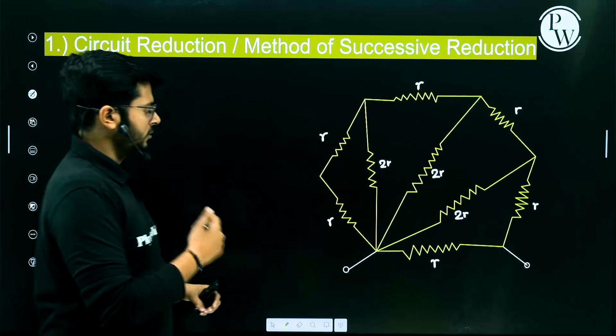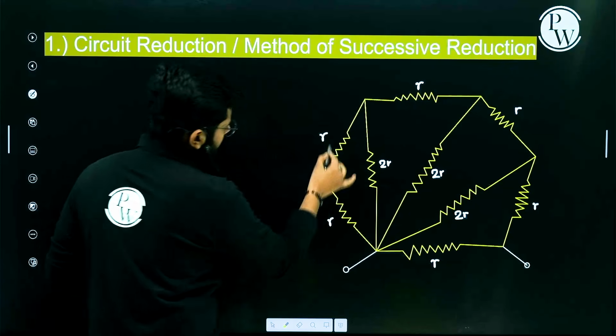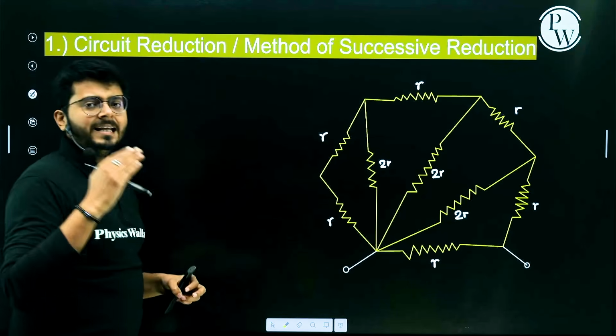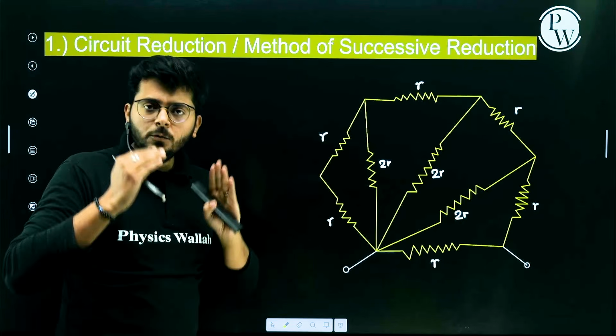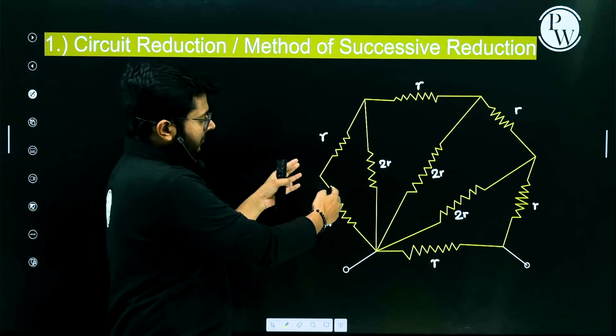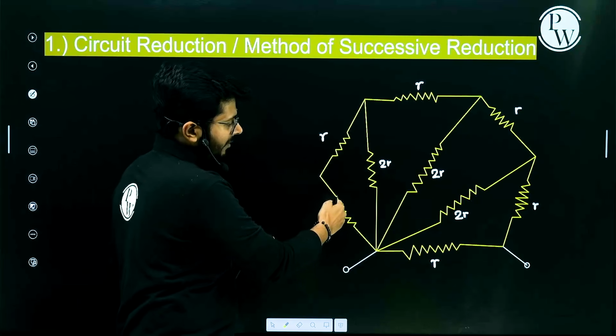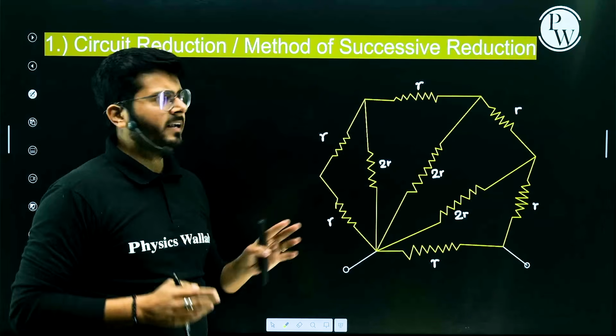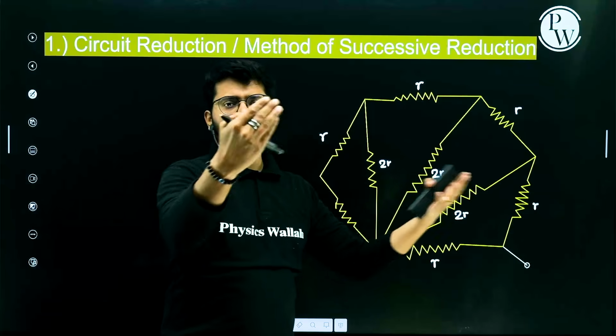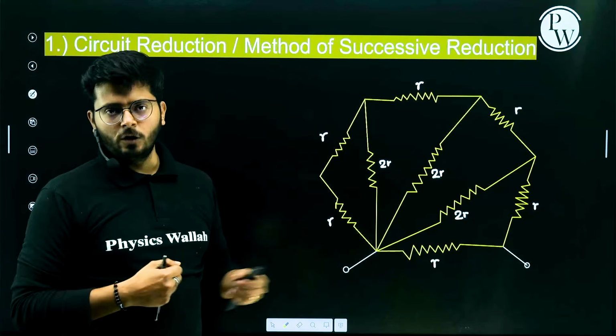Look into the situation. Here, these two resistances are visibly in series. So we can remove these two resistances and reduce the circuit. Then whatever net resistance we place here will be in parallel with this one. We can further reduce the circuit. So successively we are reducing the circuit to a smaller circuit and eventually solving it.